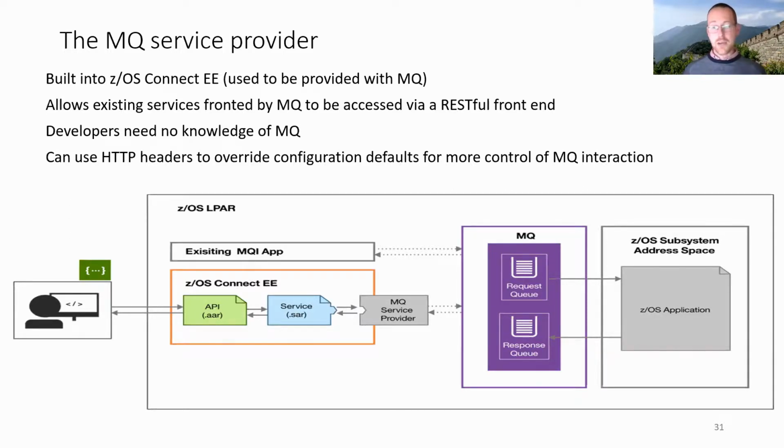And of course, those sets of queues that are being exposed via REST APIs are probably already being used via an existing MQI app. And these two things work together. You don't have to do one or the other, they can exist nicely together. So from an MQ perspective, this is just another client coming in and sending messages to a request queue and getting data back from a response queue.